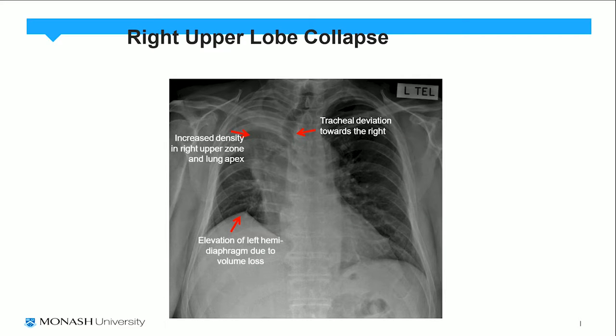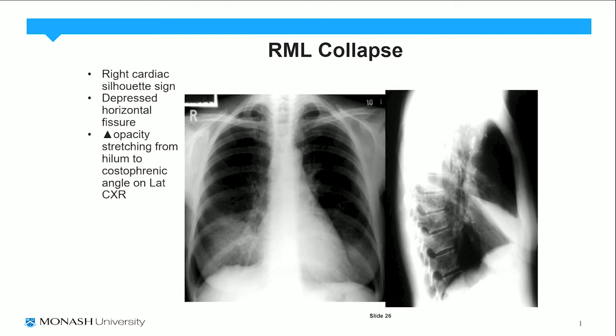With right upper lobe collapse, here we have the trachea deviated towards the right, and then there's an increased density in the right upper zone and lung apex, and an elevation of the higher hemidiaphragm due to the volume loss.